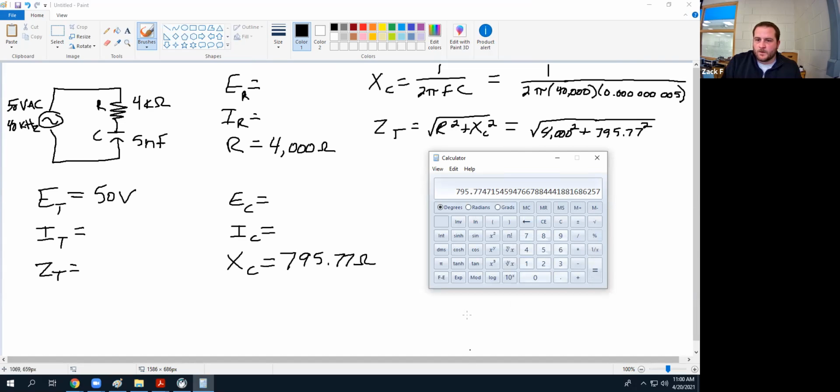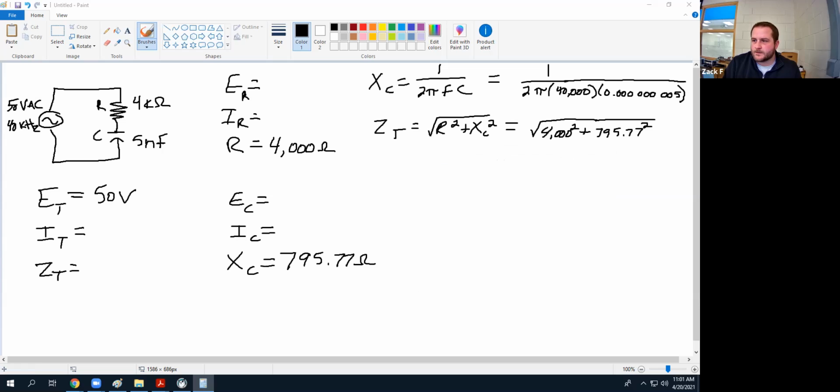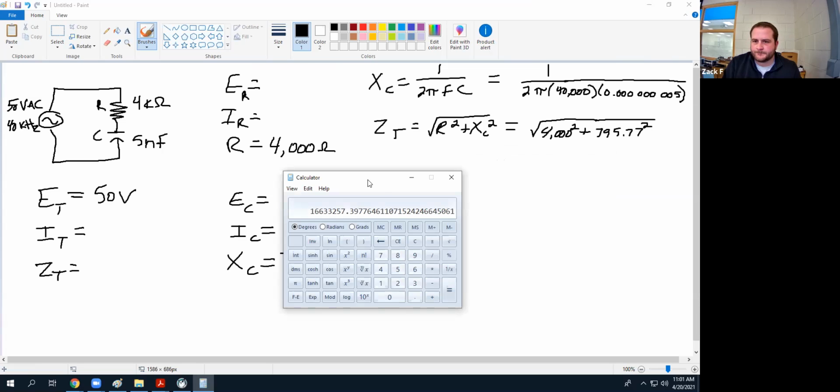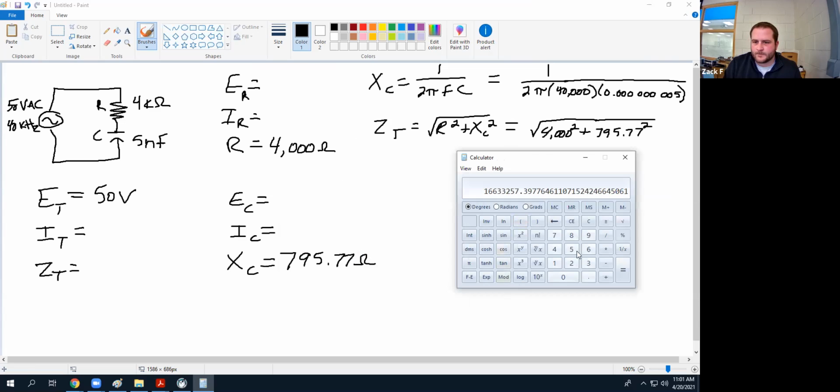If I add that to 4,000 squared, equals, oh no, I have to just take the square root, right? There is your total impedance, 4078.39.